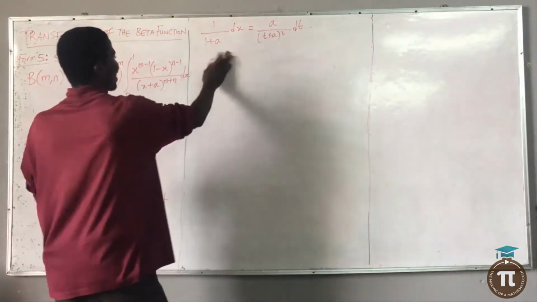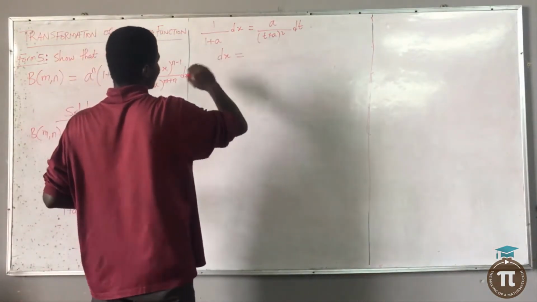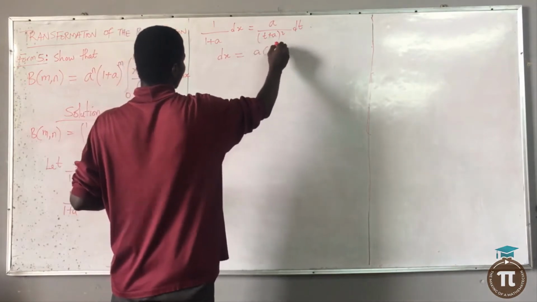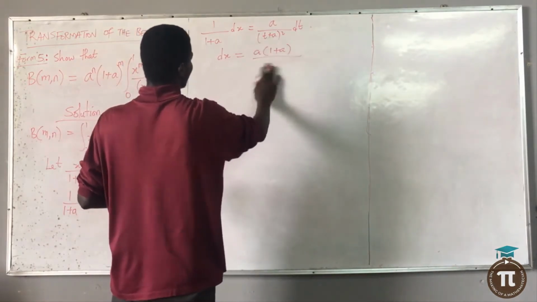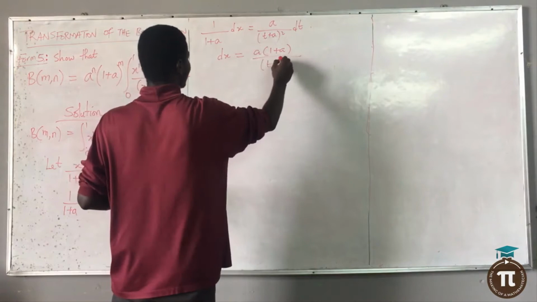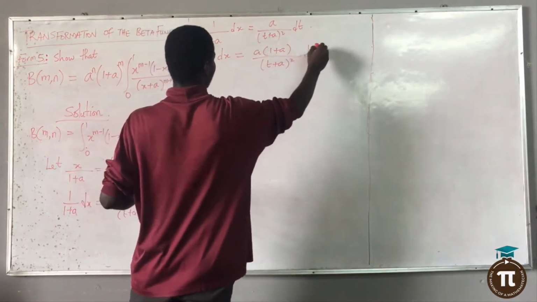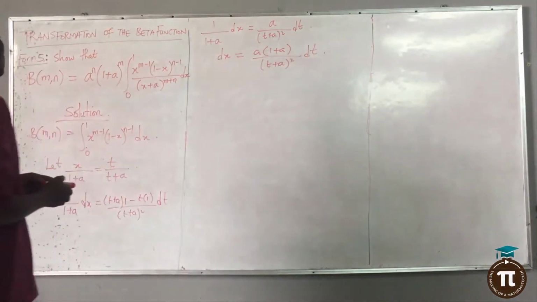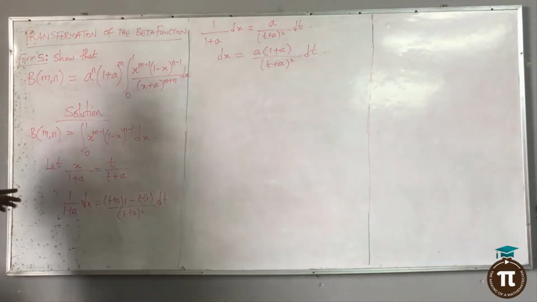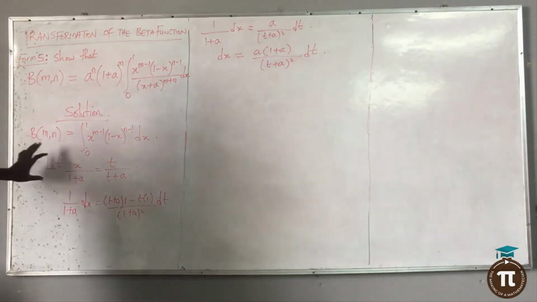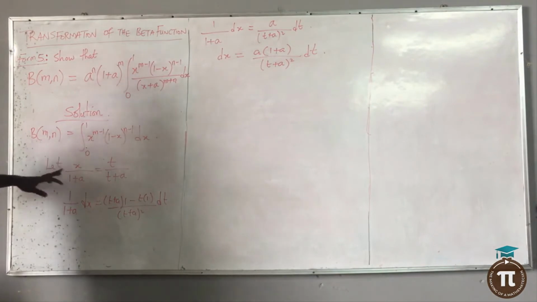So ds is equal to a times 1 plus a over t plus a all squared dt.